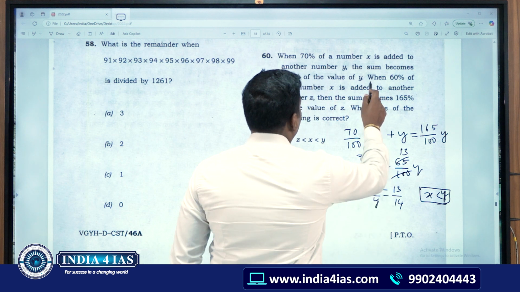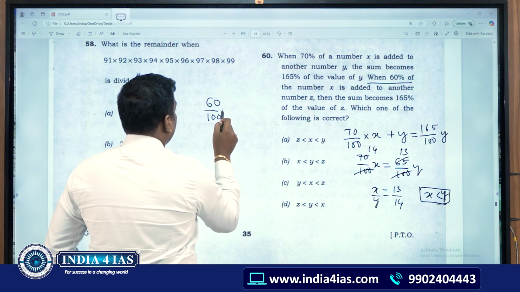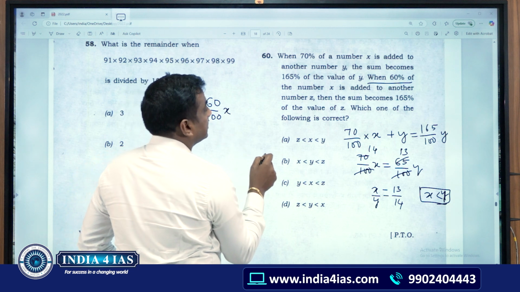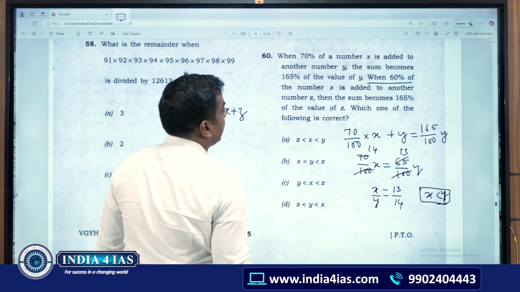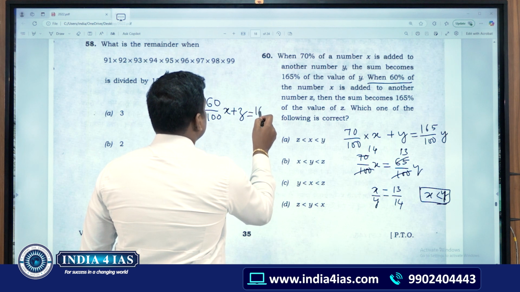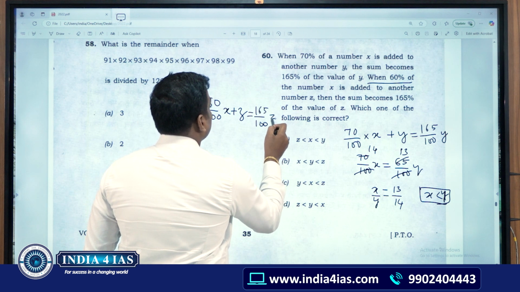Then 60% of the number x is added to another number z, then the sum becomes 165% of z.